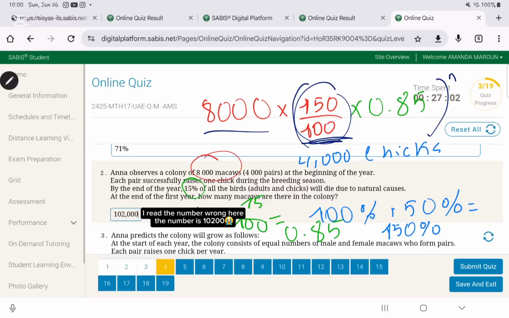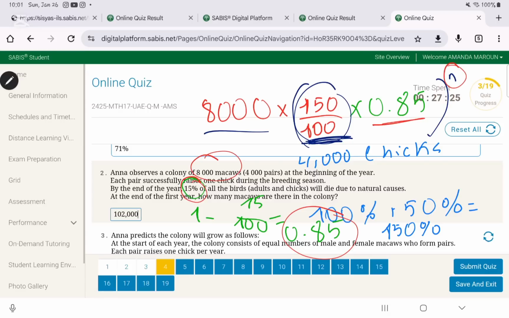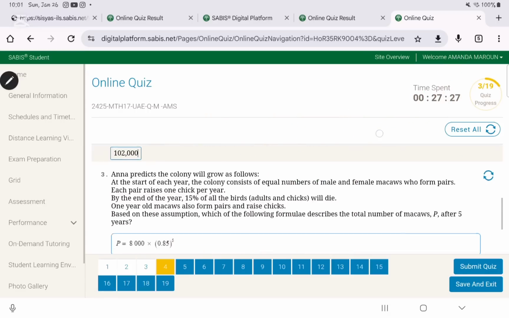So it's going to keep on increasing like this by the number of years. But then 15% of all the birds will die. So you could multiply it all by 1 minus 15 over 100, or very simply by 0.85, to the power of the number of years n. Okay, I don't know if this was a bit confusing.